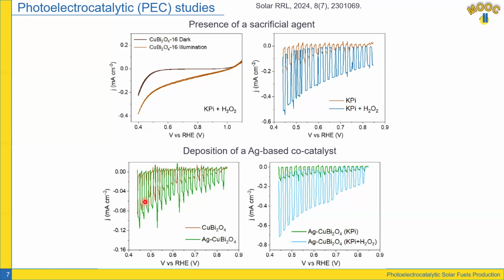But still, we have these spikes that you can see here in the chopped photocurrent density, and these spikes are usually related to surface recombination.